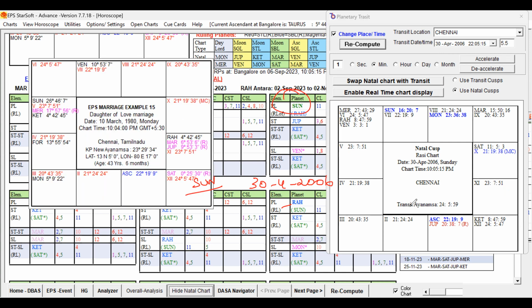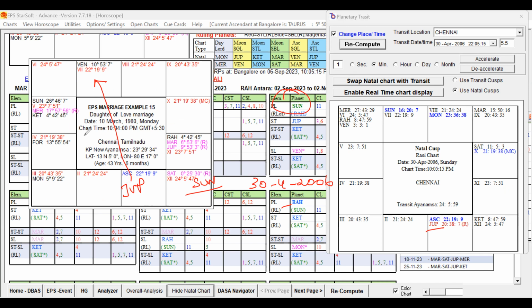Jupiter, where is it posted? Jupiter in the sign of Libra. So Jupiter is aspecting the 7th house and also Venus. That is good. And Jupiter is aspecting the 5th house also.